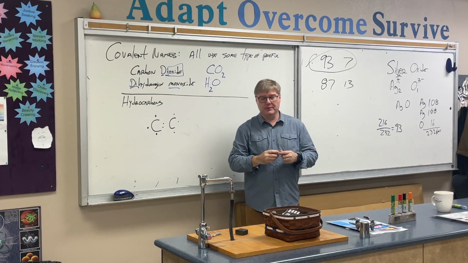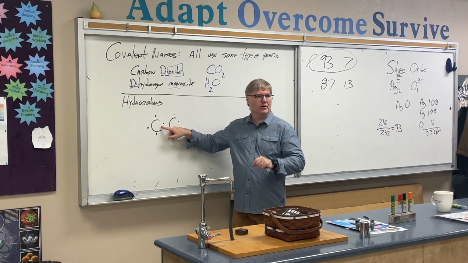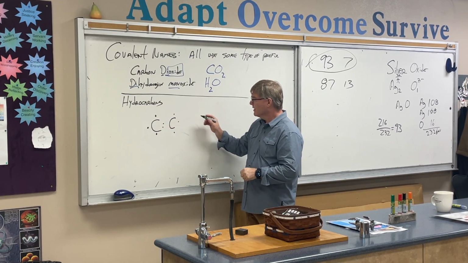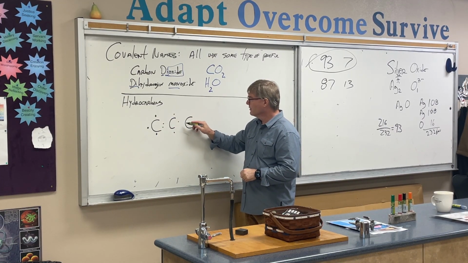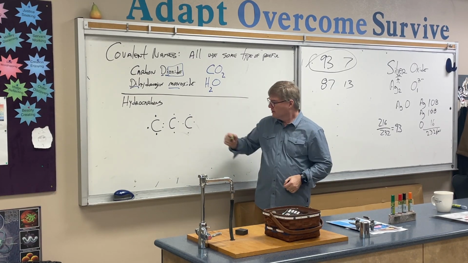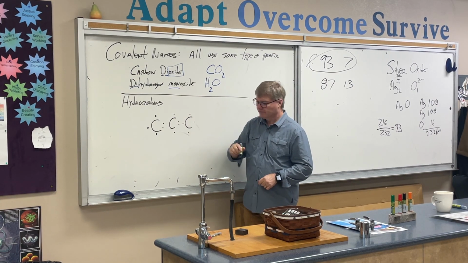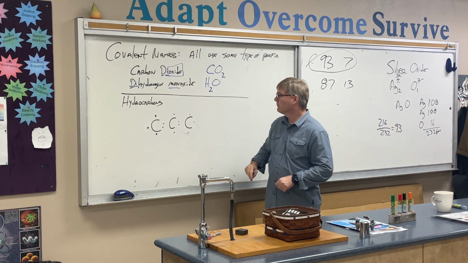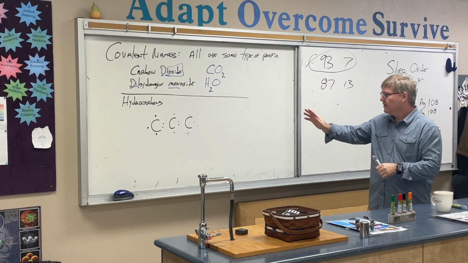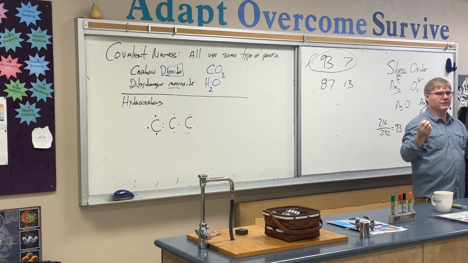Now these 2 electrons belong to both carbons. And if I have another carbon here, I can chain that one up. These 2 could have a shared pair. And I just keep going and going and going. And the neat thing about carbon is you can make these chains incredibly long because it's a pretty flexible material.